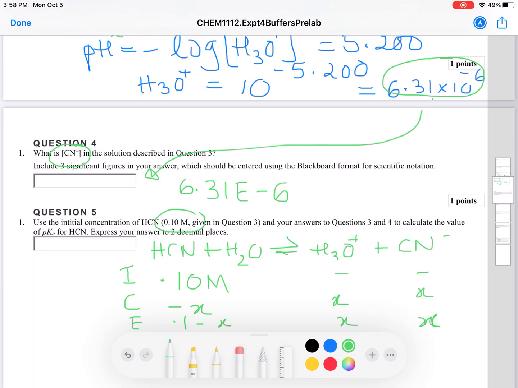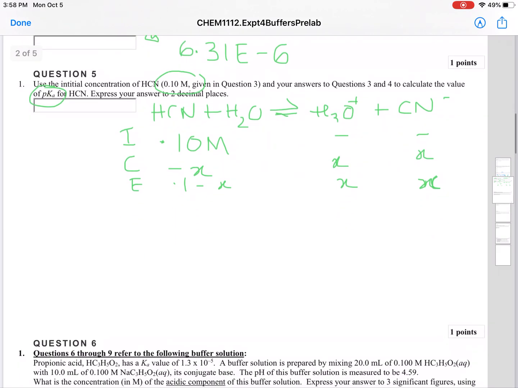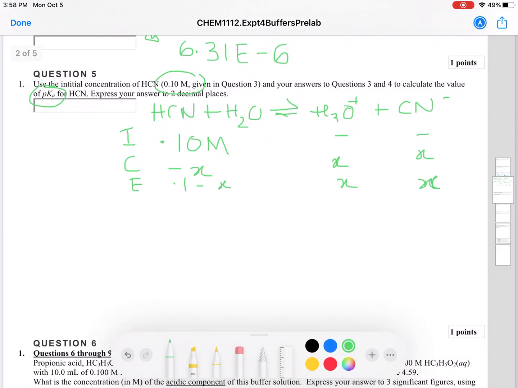So how do you find out the pKa? pKa can be found if you know the Ka. With the information that we know so far, we can find the Ka of the solution. What is the expression for the Ka?